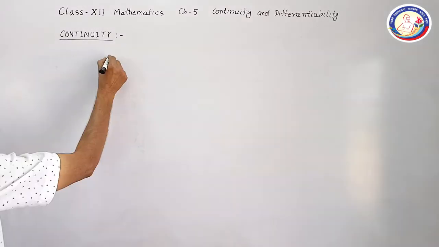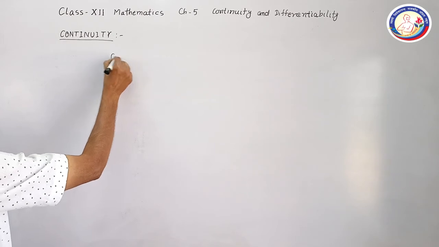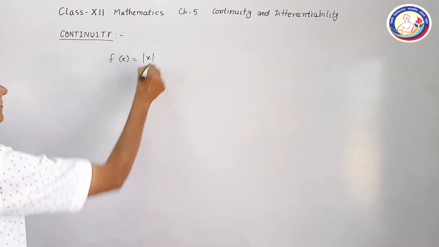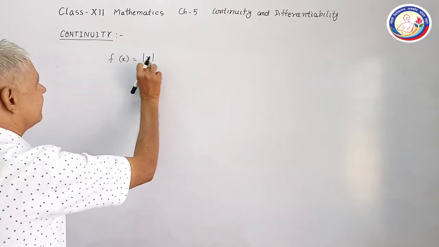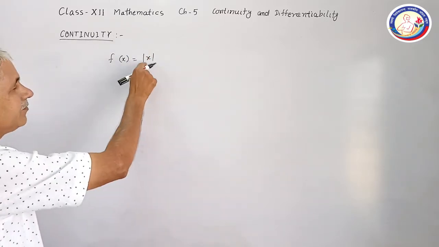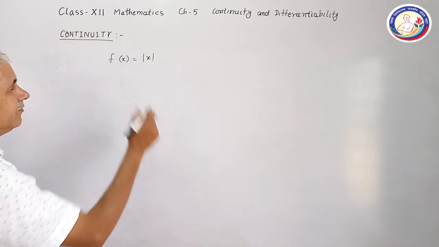See these. Say f is a function, f(x) equal to modulus of x. What is the meaning of this? This is the absolute value.